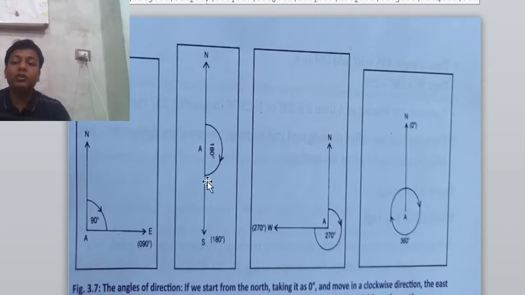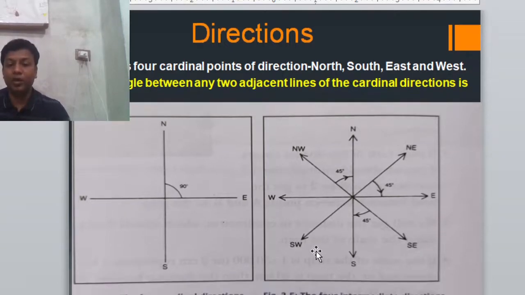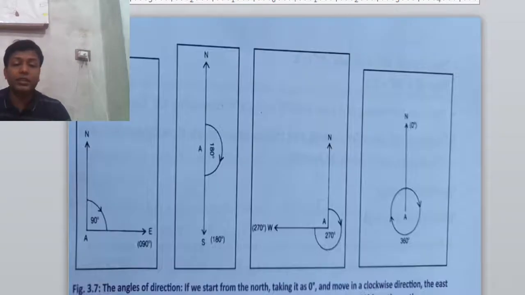That means if you draw and meet all the lines, all the angles, it is 360 degrees. So this 360 degrees can be divided, and you can subtract 360 minus 90. This is 270, and 270 what? Clockwise directions. Okay.